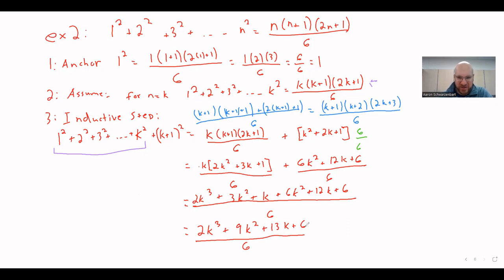So now I want to factor my numerator, which I'm going to divide by 1. So functionally what I'm doing is polynomial division. I'll use synthetic division to do this. But I'm going to actually divide by k plus 1 and then k plus 2.